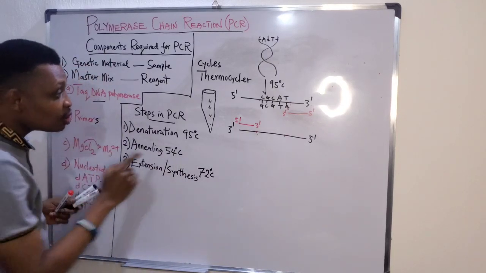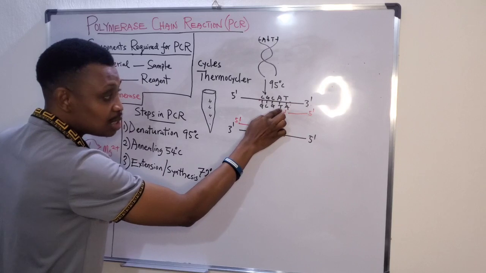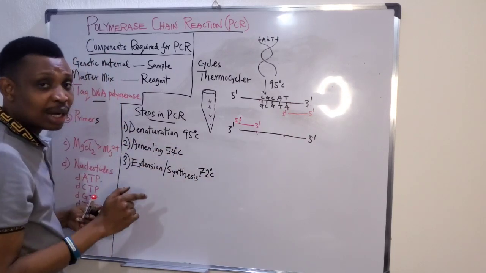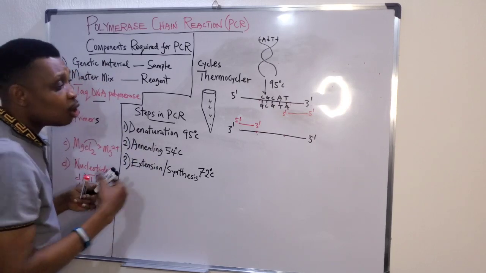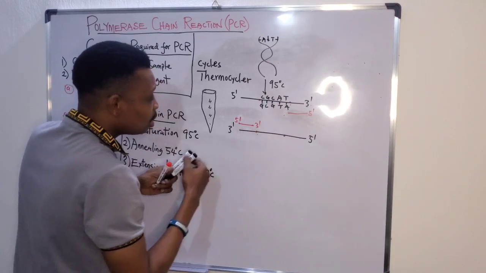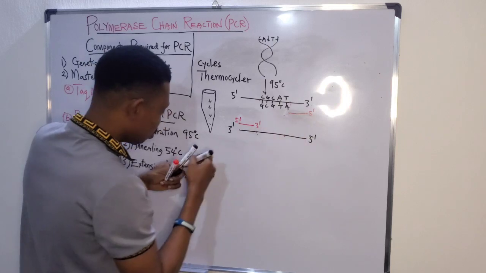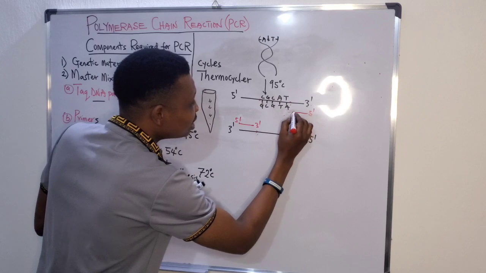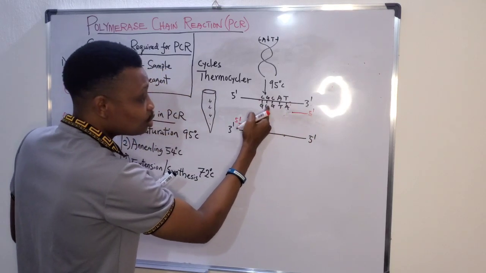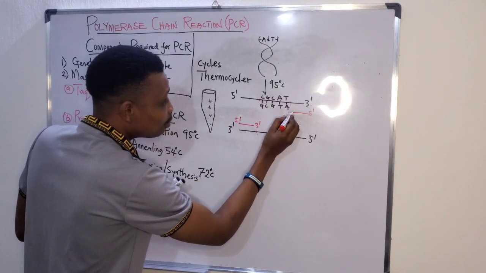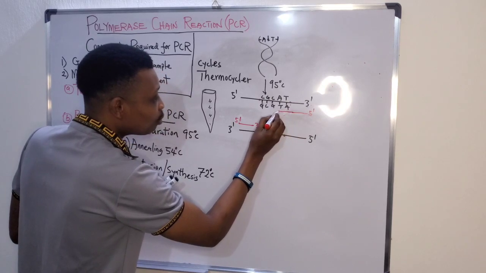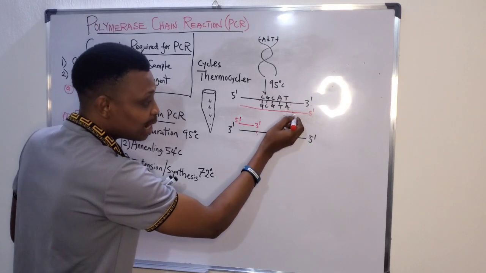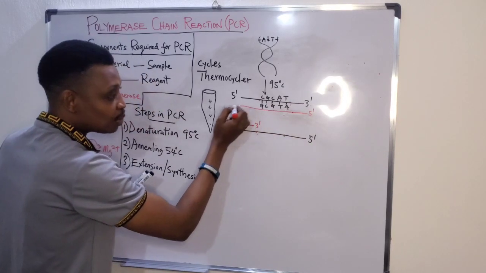That is to say, because each of these nitrogenous bases has a sugar and phosphate group attached to it, automatically the phosphate backbone will be formed. So automatically, as these nitrogenous bases are adding, the phosphate backbone will be forming. And that is what we call what? Extension. Because this primer has been extended to this point.